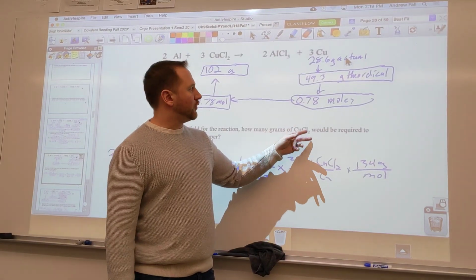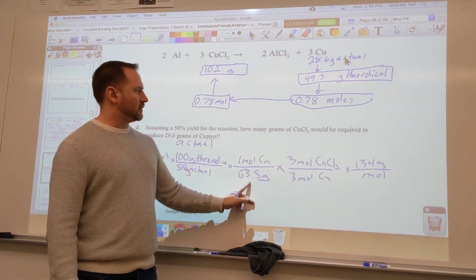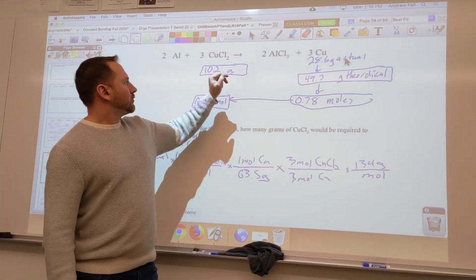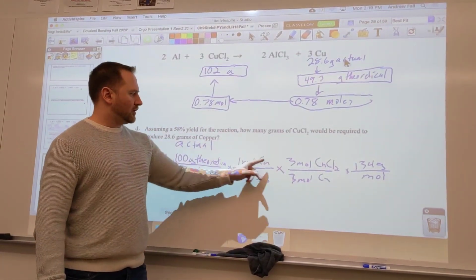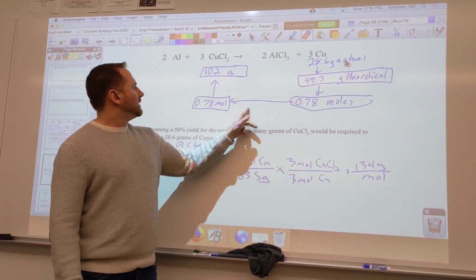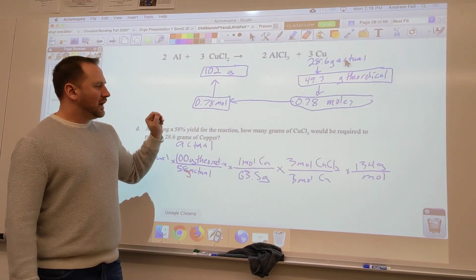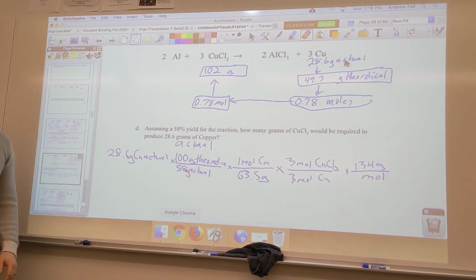And so that's what we're going to shoot for. 49.3 grams of copper is equal to, based on the molar mass, 0.78 moles. And since we use up 3 moles of copper chloride for every 3 moles of copper we make, that's a 1-to-1 ratio. That means we would need 0.78 moles of copper chloride. And using the molar mass, we would get that that would be 102 grams required.